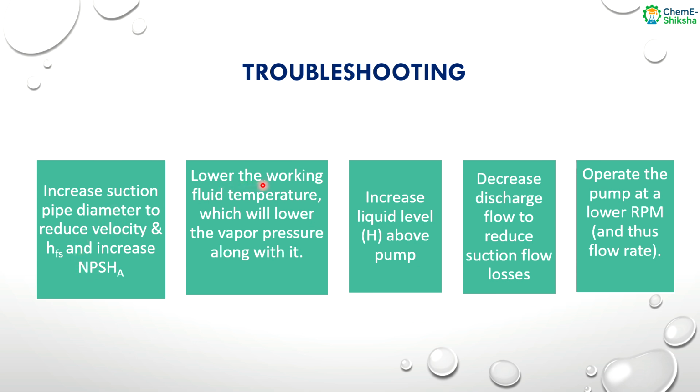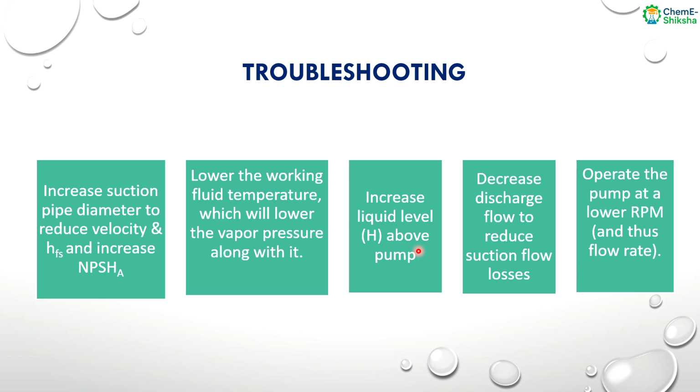Another way is lowering the working fluid temperature, which will lower the vapor pressure along with it. We know that the local pressure at any point should not be less than the vapor pressure. To ensure that, we can decrease the vapor pressure by decreasing the fluid temperature. Another way is increasing the liquid level H above the pump.